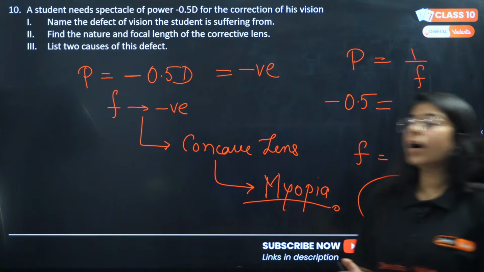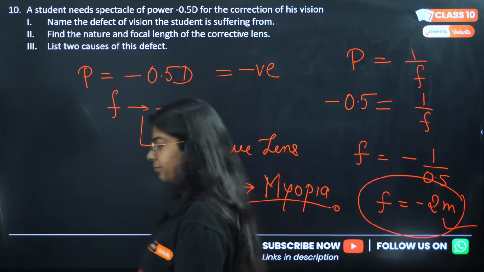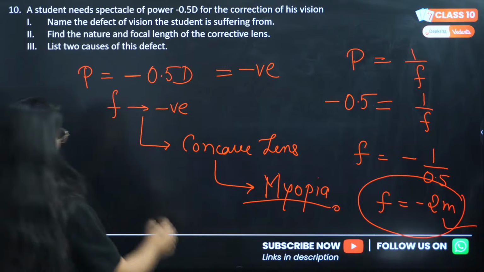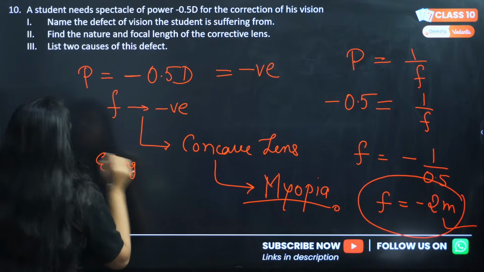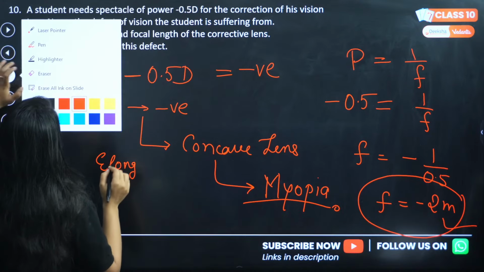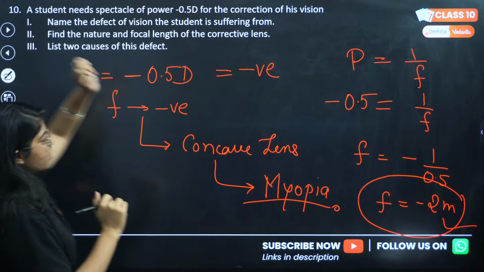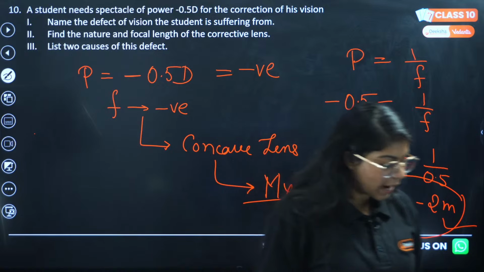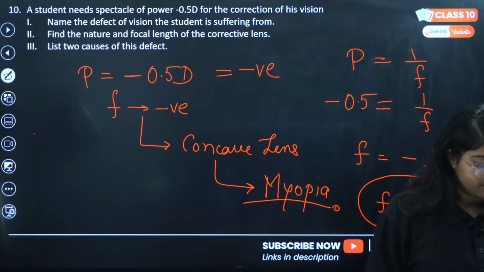Then the third part, list 2 causes of this defect. So for this defect, for myopia, first let me ask, in this case where is the image formed for myopia, in front of retina or behind the retina?